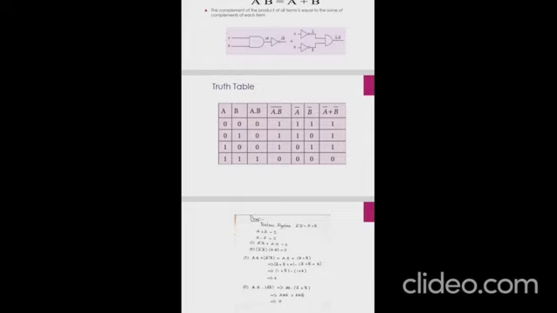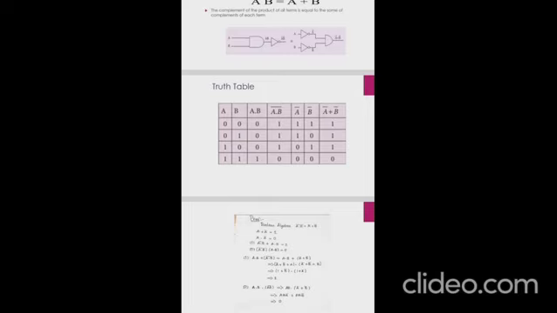We are going to take the inverting operation, that is the NOT gate, A dot B whole bar. So 1 becomes 0, 0 becomes 1. These are the outputs of the left hand side, (A dot B) whole bar.